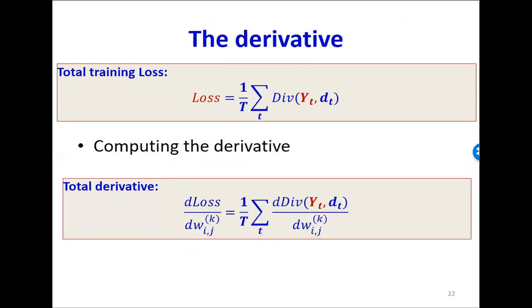Now, again, the loss is the average of the divergences of the entire training set. So if I want the derivative of the loss with respect to a specific weight, that is going to be the average, just by the linearity of differentiation, of the derivative of the divergences for the individual training instances with respect to that weight.